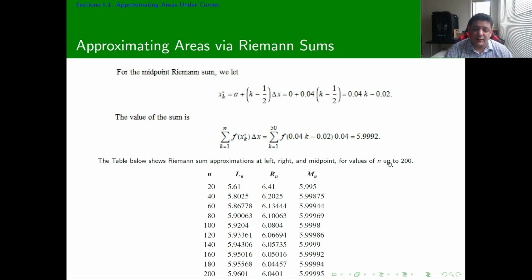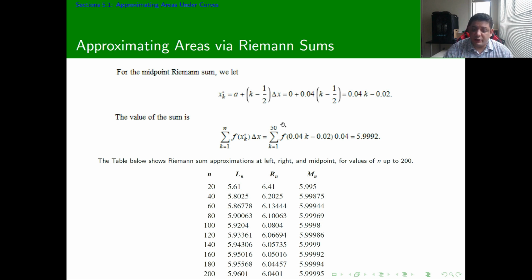As you can see, this table shows how the left, right, and midpoint Riemann sums work up to 200 values. The closer we get to higher values, the closer these numbers get. When we get to 200, you notice that the left Riemann sum is 5.9, the right Riemann sum is 6.0, and the midpoint Riemann sum is 5.99. So you start to get really close with all the approximations.